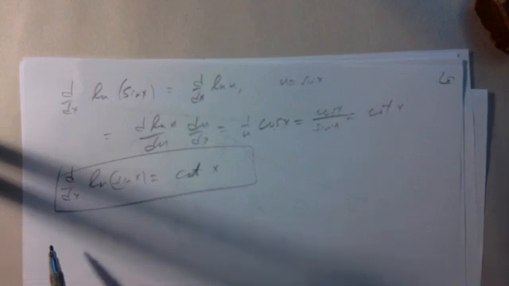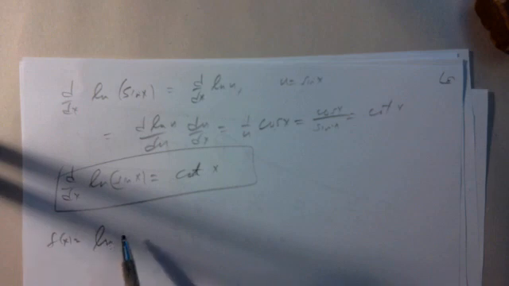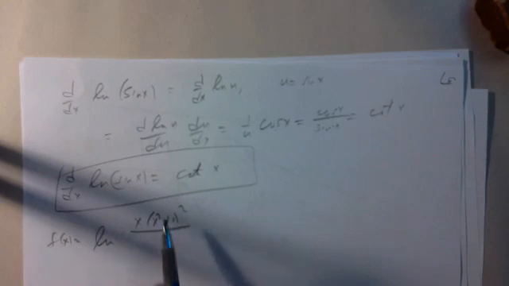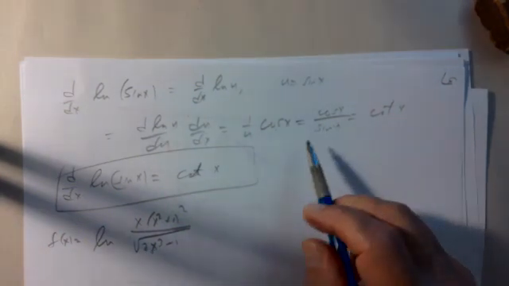So suppose we have the function f of x equals the log of x times (x squared plus 1) squared over the square root of 2x cubed minus 1. So that truly looks like a mess, but we can simplify it by using properties of the log.